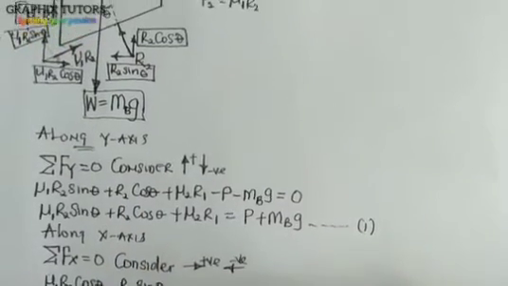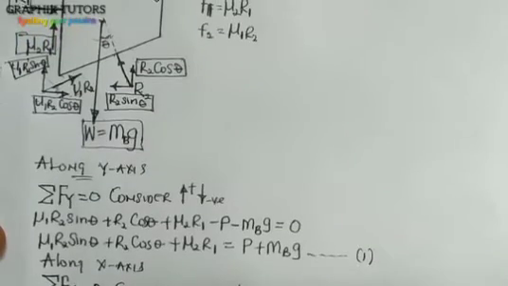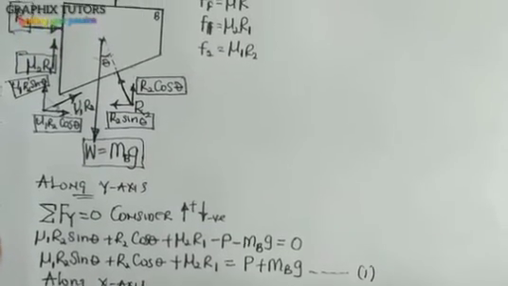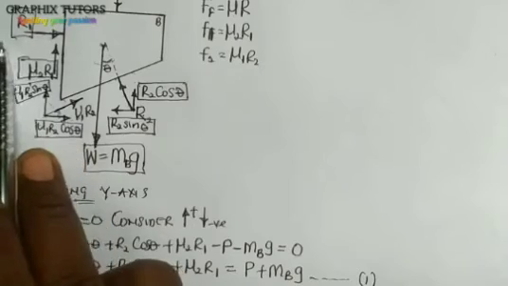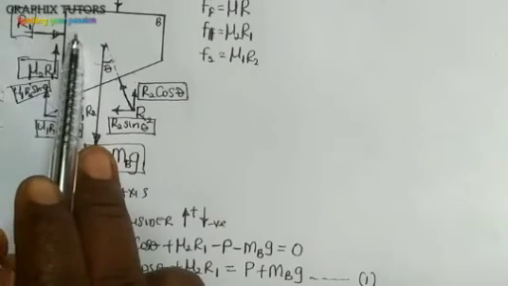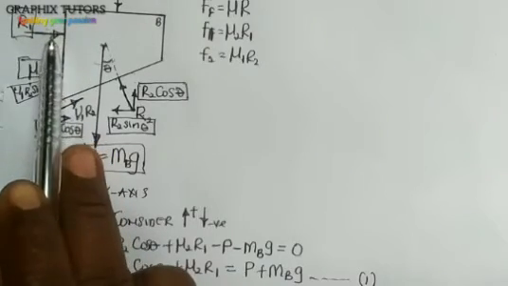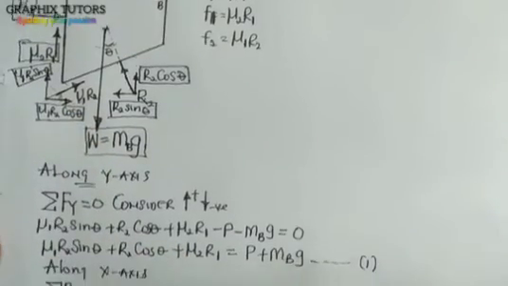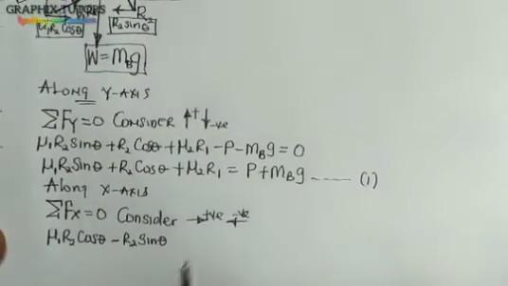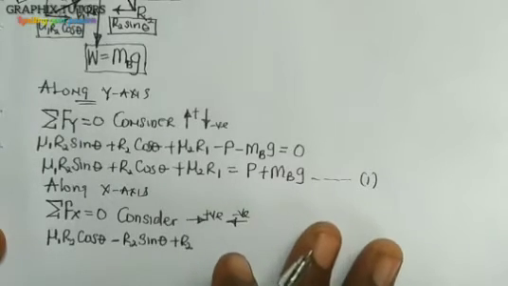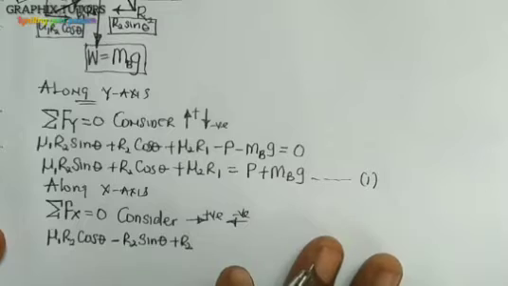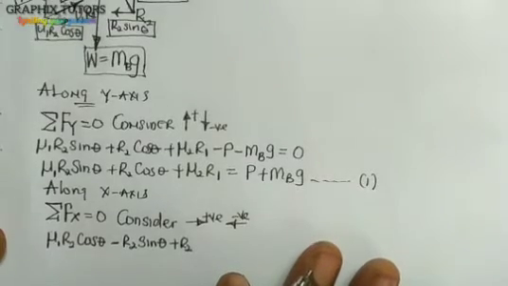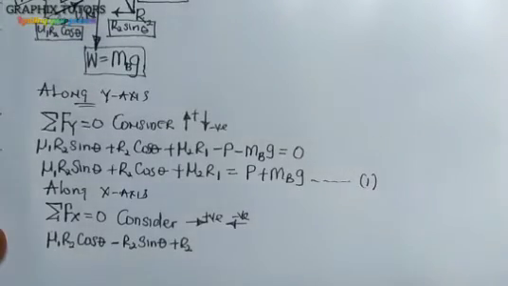Now if we move up, we'll discover that we still have the reaction R1 facing forward. It's perpendicular, so this is 90 degrees. That is why we do not resolve it. So it is just plus R1.